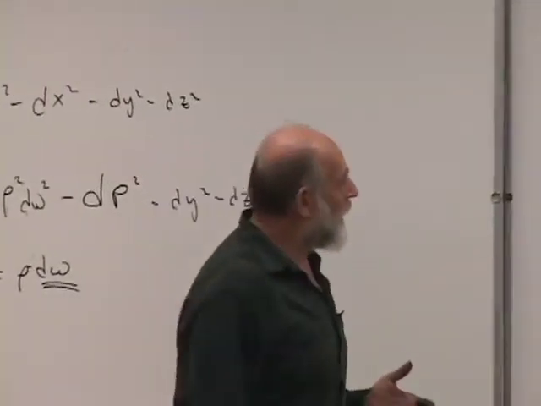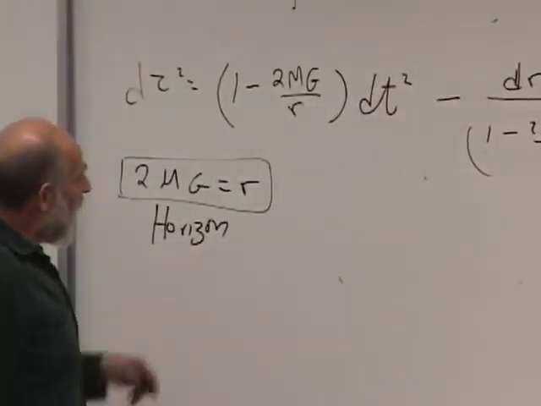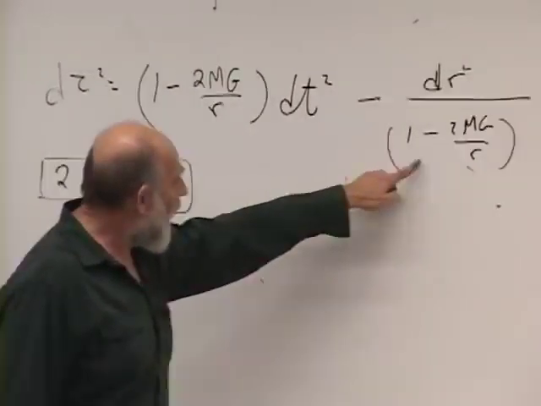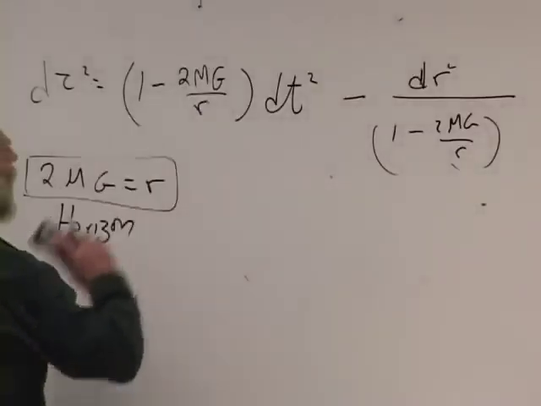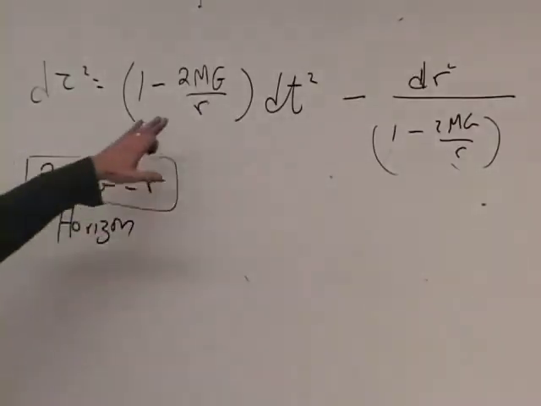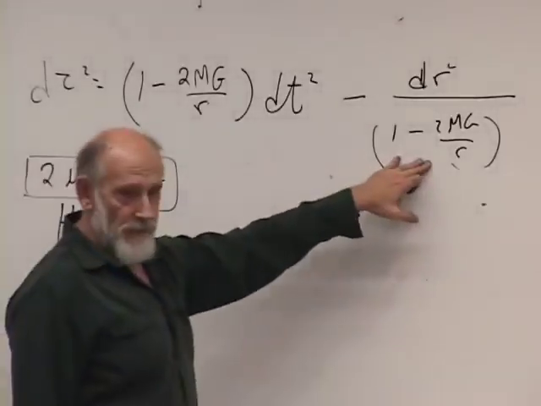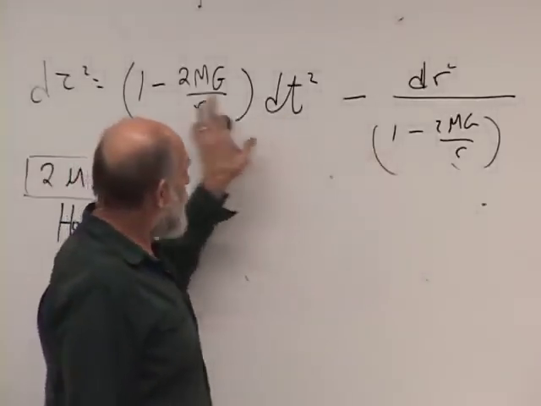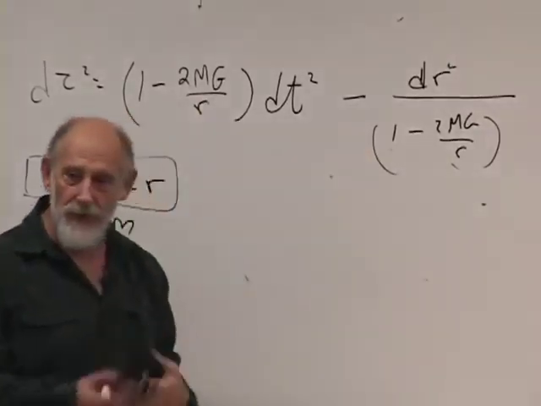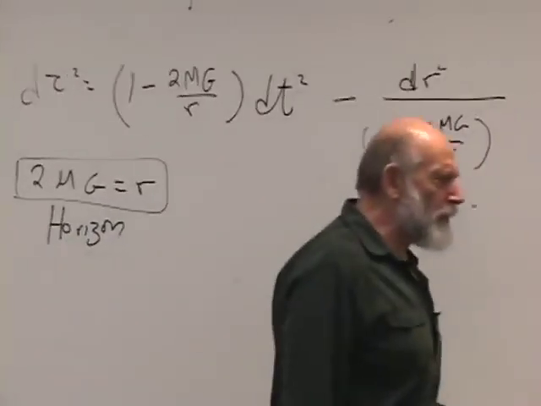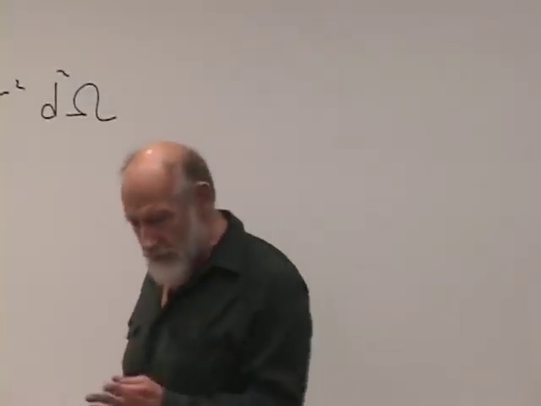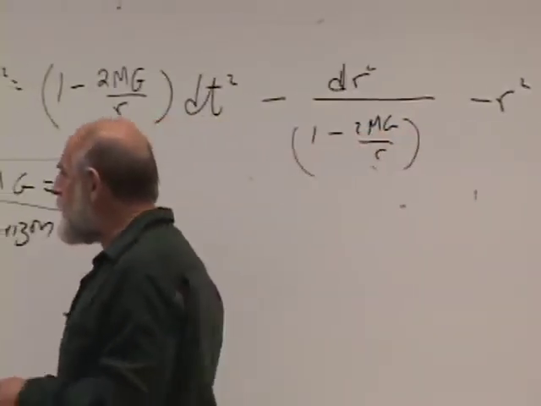So something is happening at r equals 2mg, and in fact it's interchanging the signs of dt squared and dr squared. In other words, let's imagine that r is less than 2mg, then this is negative and this one is positive. This term has negative, this one has been interchange of what was space-like with what was time-like. Now, does that mean that space has become time and time has become space? No, it just means that the coordinates are doing something funny, and we'll come back to what it is.